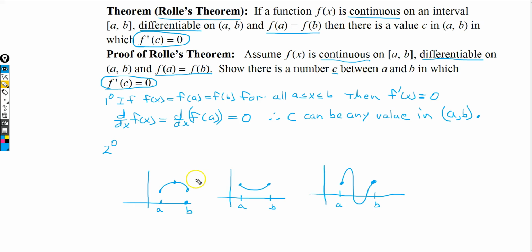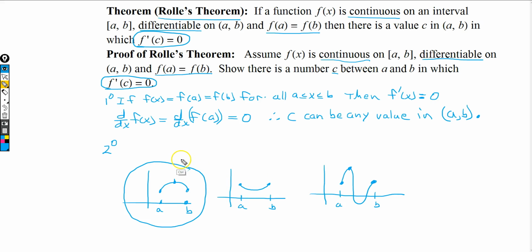Now we're just going to consider one of these cases. We're just going to consider this case right here, where we have a maximum value in between a and b. And that actually would be similar to this case right here, where we consider that maximum right there. The other case can be proven in exactly the same way, as you'll see.